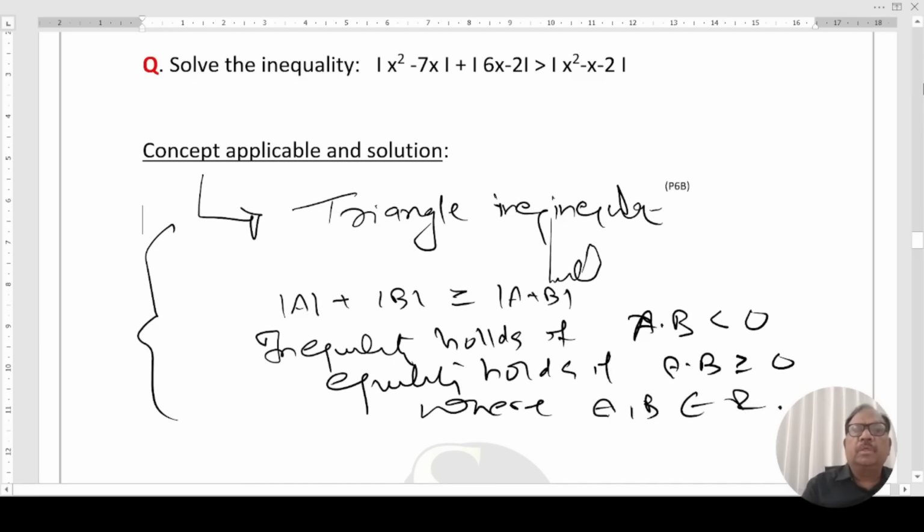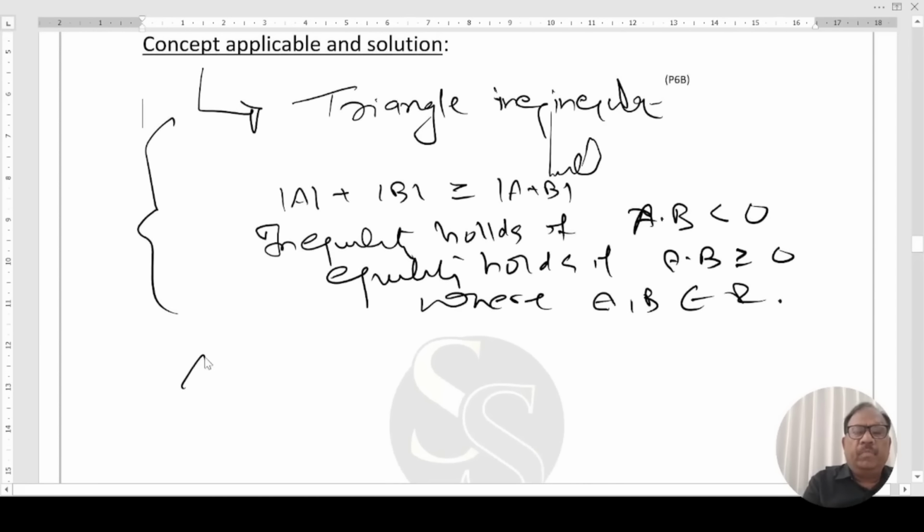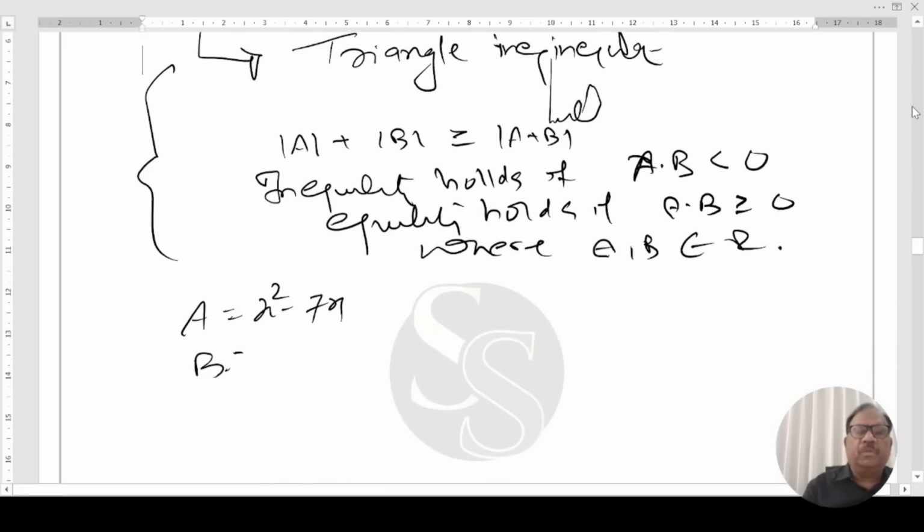In this case, this is A, this is B. Check it. A is x square minus 7x. B is 6x minus 2.